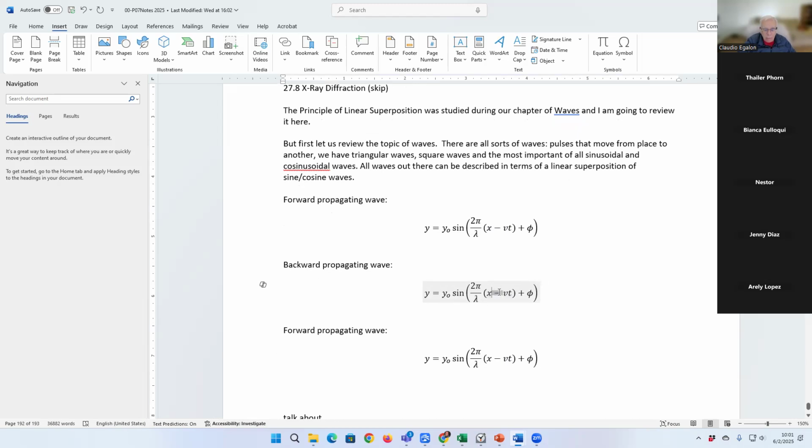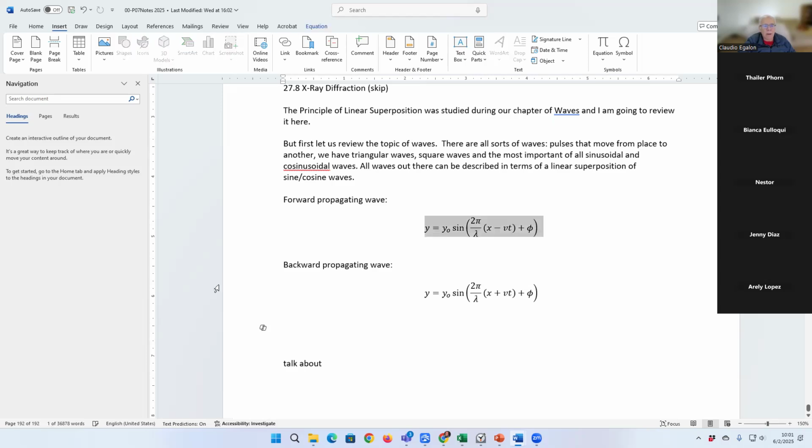All you have to do is change the sign, okay? Here's the speed of the wave. I put an amplitude for the wave, and I created a sine wave that propagates in the forward direction.